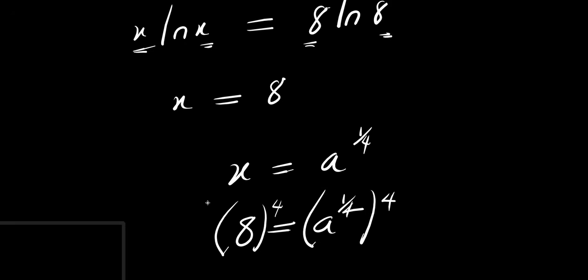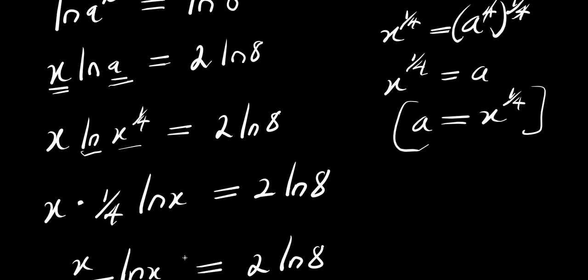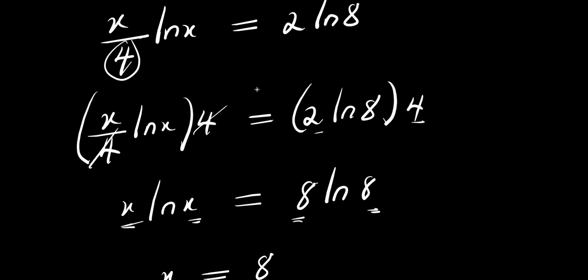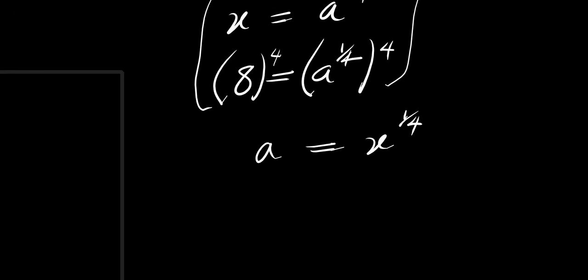I think there is a mix-up right here. Let's get this equation again because I'm seeing something different. Look at it here. a equals x power 1 over 4. That's the equation, right? So how did I get x equals a power 1 over 4? Rather, a equals x power 1 over 4, right? So our x is 8. That means we are going to have a equals 8 power 1 over 4.